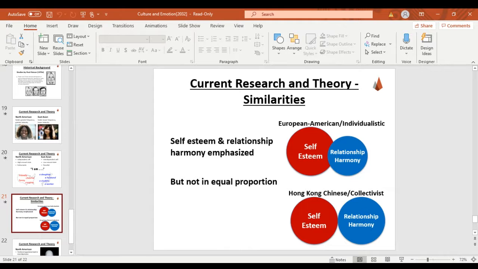But this is not done in equal proportion. In European Americans, self-esteem is prioritized more than relationship harmony, which may explain why 50% of marriages end in divorce. But Hong Kong Chinese base their life satisfaction equally on both self-esteem and relationship harmony.